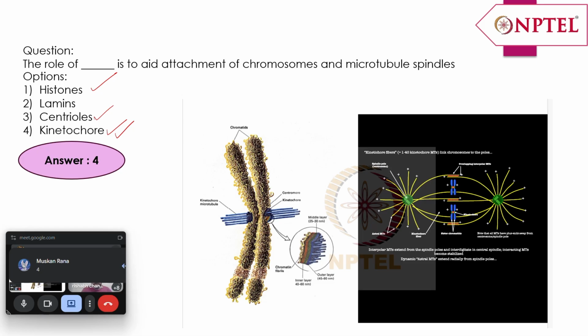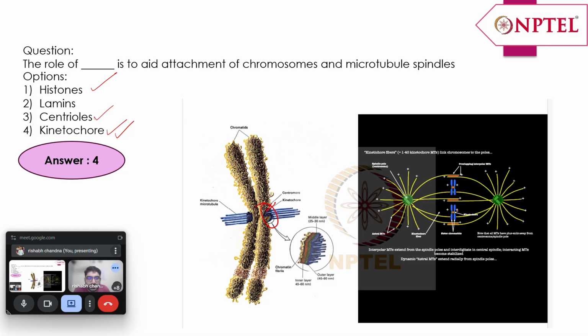So this is actually a structure showing how a kinetochore attaches to the centromere and the chromosome. Okay. So this is the kinetochore microtubule. And this is the centromere through which the kinetochores are attached. And these are the sister chromatids.